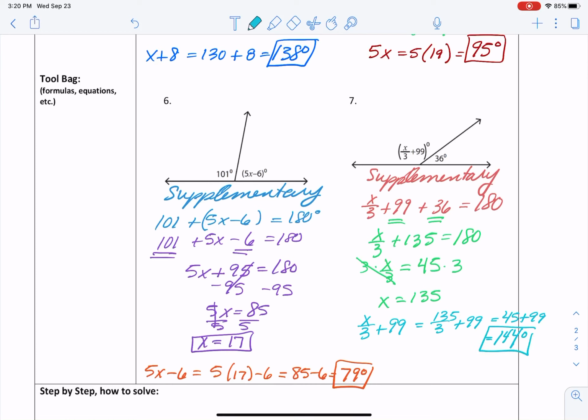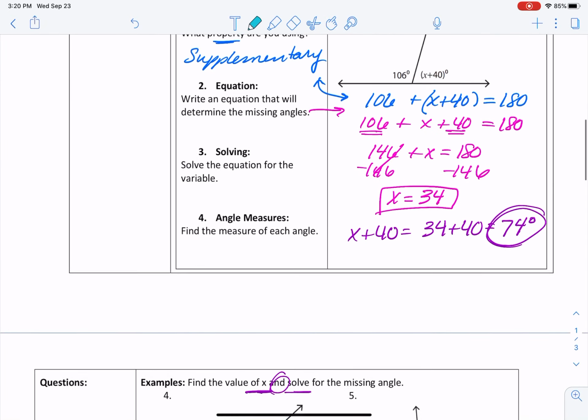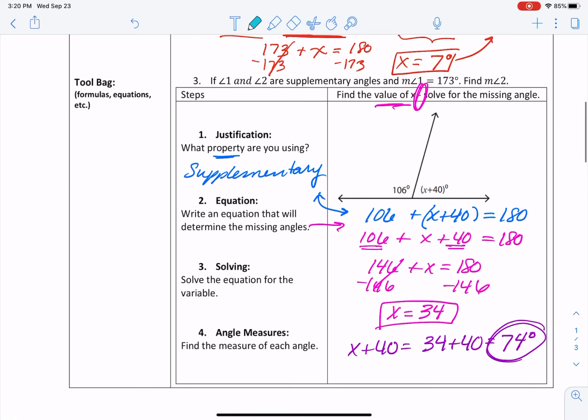So don't forget that just because it's a fraction, that's actually a division problem, and it's not as bad as it looks. So when doing angle property problems, pick your justification, write your equation, solve your equation, and then calculate any angle measurements that are needed for that problem.